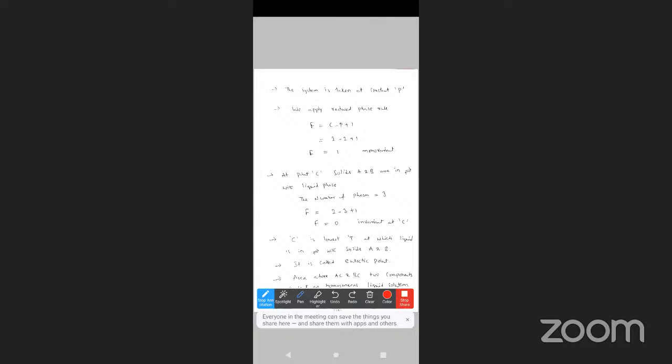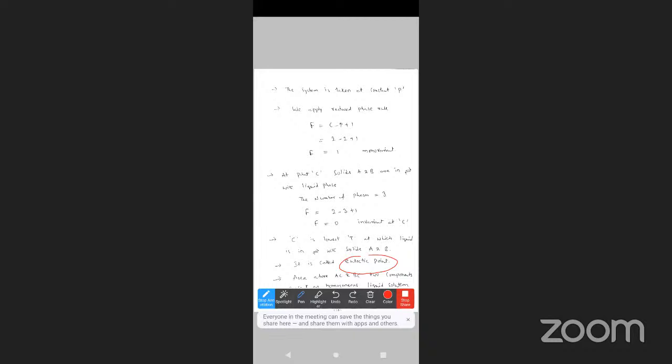Now let us understand this point C once again. C is the lowest temperature at which liquid is in equilibrium with the solids A and B, and it is called the eutectic point. What is the eutectic point?